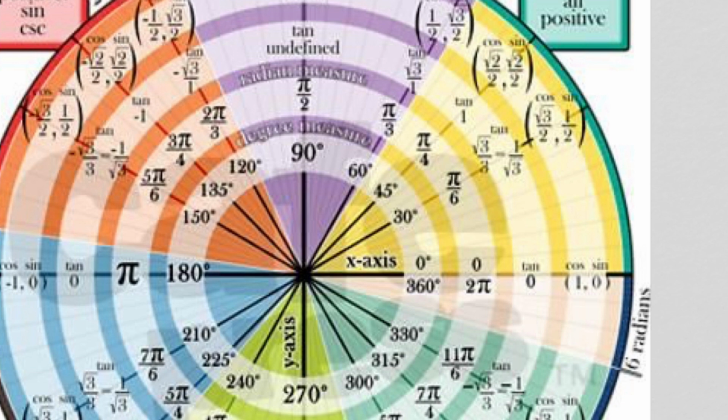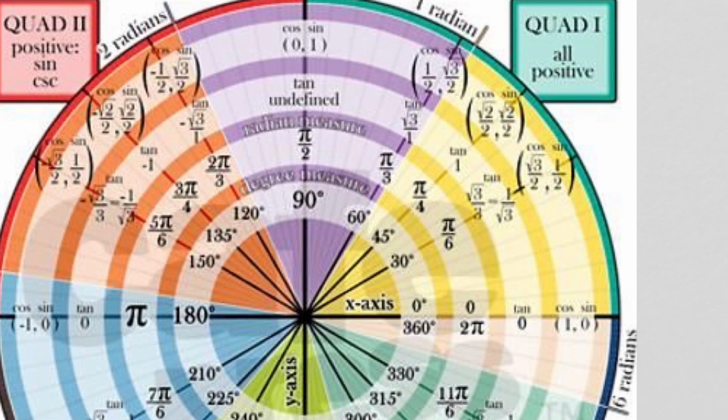Pi over 3 is 60 degrees, and its coordinates are 1/2, comma, square root 3 over 2.